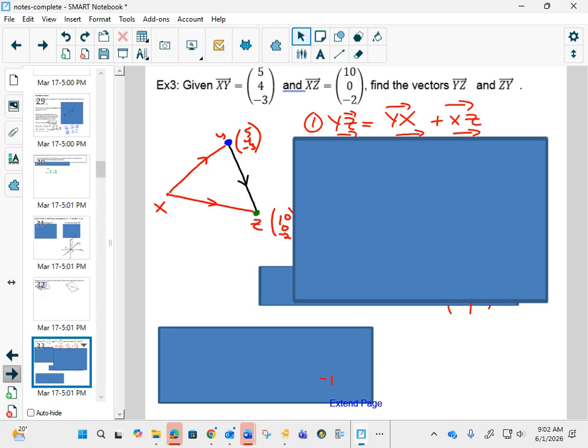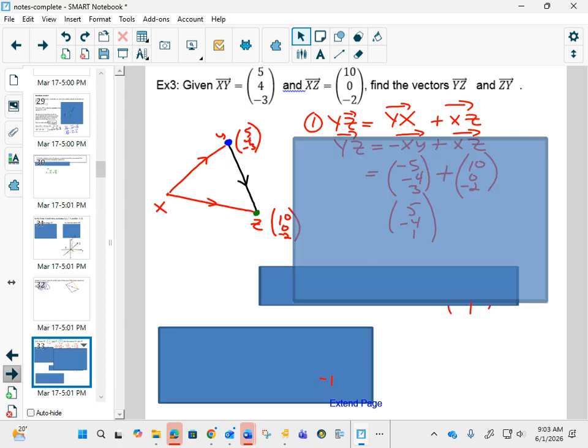So starting at the blue dot, and if you've drawn the diagram here, can you see, oh, it makes sense to go from y to x, and then from x to z. Do I have these? Yes, I have x to z, but I don't have y to x, but x to y is just the negative.